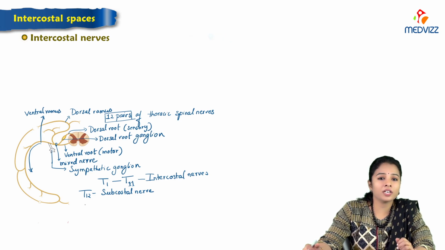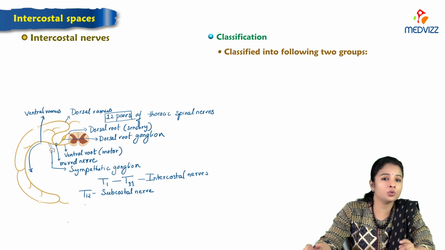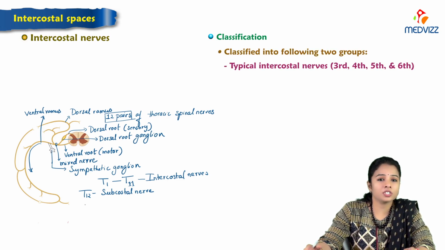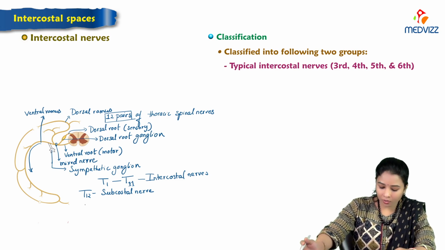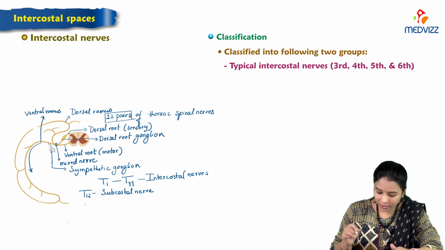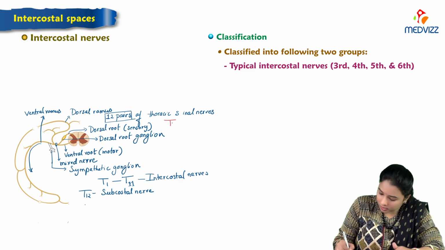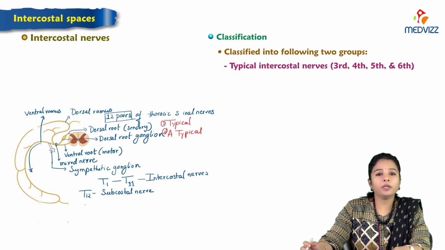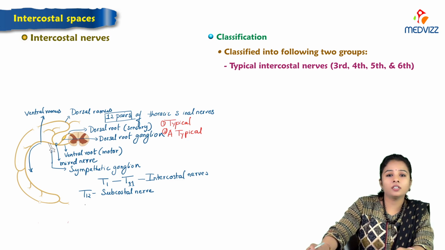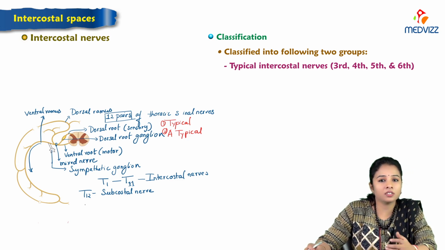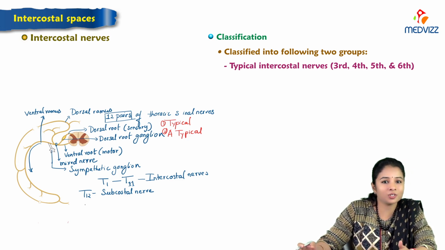So let us do the classification of these intercostal nerves. Intercostal nerves can be classified into two groups: typical and atypical. The typical intercostal nerves are the 3rd to 6th, meaning the 3rd, 4th, 5th and 6th, and they correspond to the typical intercostal spaces.